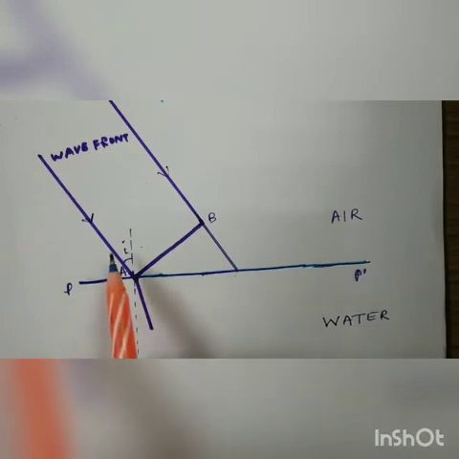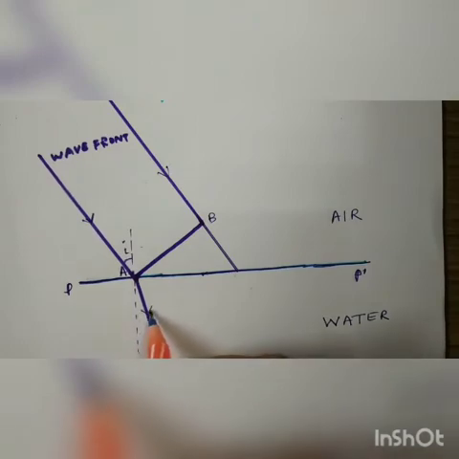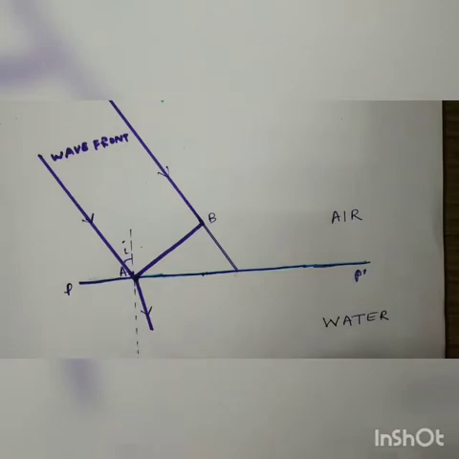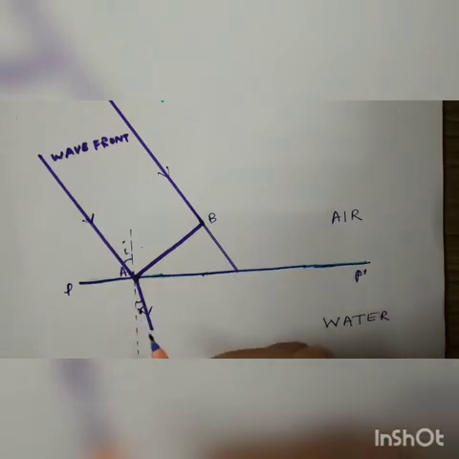This light wave is moving from a rarer medium to a denser medium, so it bends towards the normal. The dotted line represents the normal. Let R be the angle of refraction.